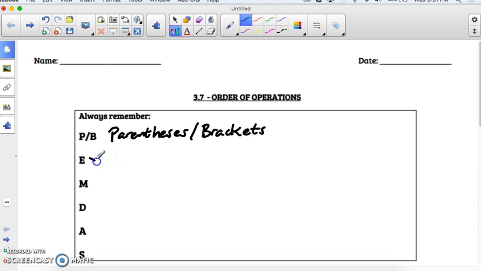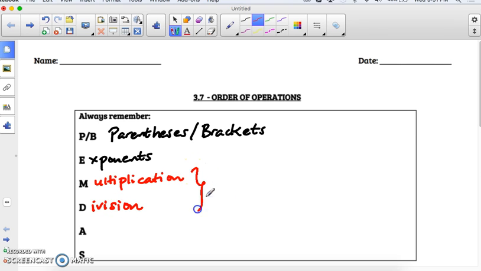Or brackets. The E stands for something called exponents, which you may encounter this year, but most likely in future math years. The M stands for multiplication. Now, actually, I'm going to do this in a different color. I'm going to put multiplication in red, and I'm going to put it in the same color as D, division.